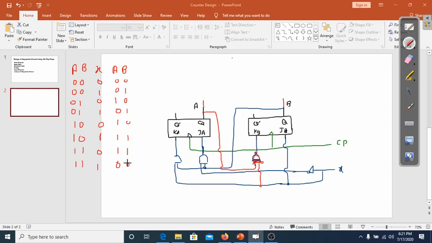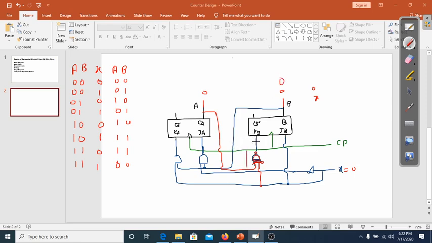Now consider some present states. Suppose I am considering here the present state is 0 0. Here I am using input which is x. For x is equal to 0, the next state should be 0 0. So when x is equal to 0, you see here JB is equal to 0. When JB is equal to 0, there will be no change, so this state will remain same.